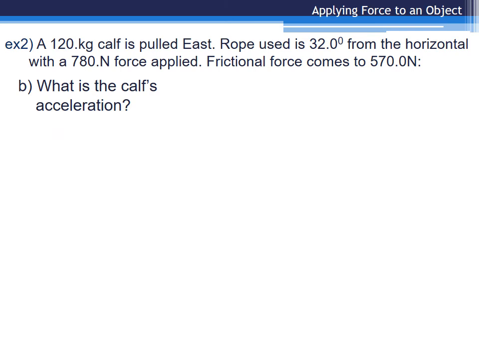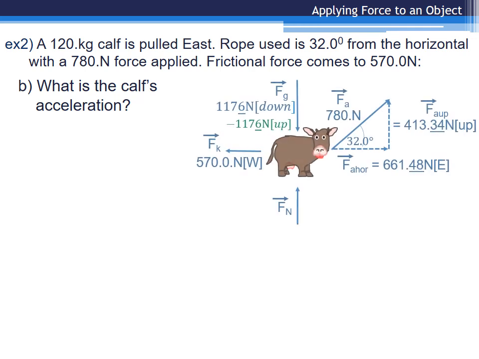Part B, what is the calf's acceleration? Let's bring that cow back in here. Now, the cow is getting pulled to the east, so we know it's going to be accelerating towards the east, and the acceleration is going to be happening in the horizontal. We already established that all the vectors in the vertical cancel out. When added together, they equal 0.